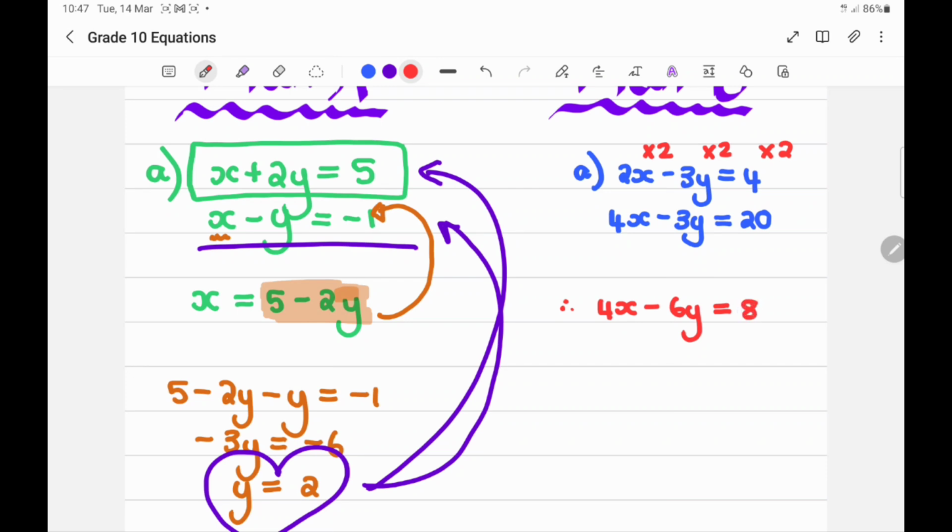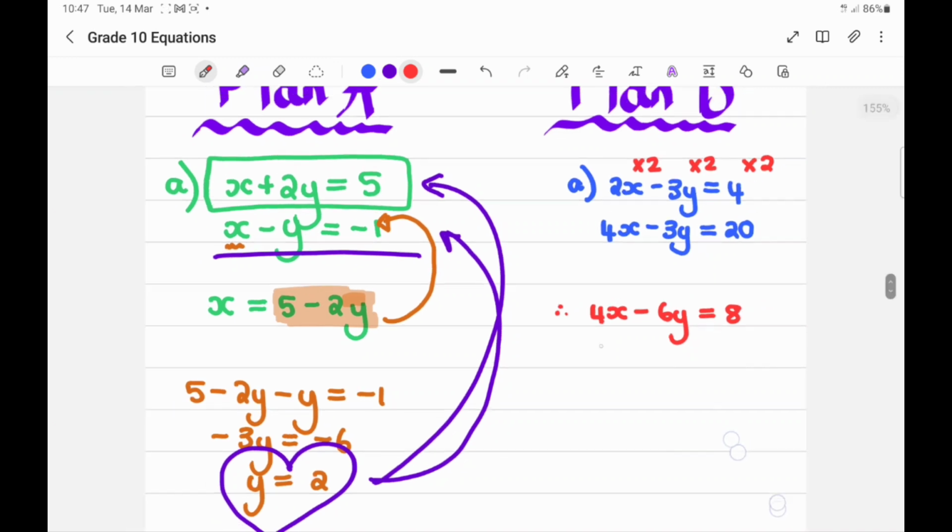And you can do that because you've got an equation. You can't do it with an expression. All right, so 2 times 2. Then at the bottom, I've got 4x minus 3y is equal to 20.